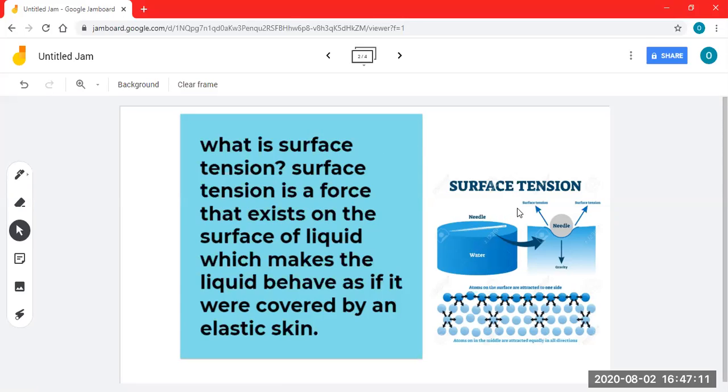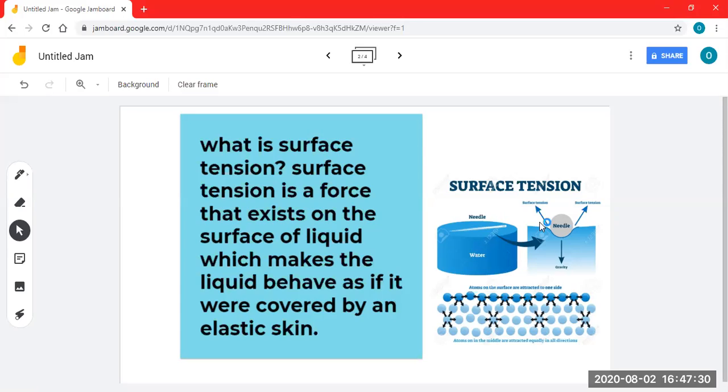Surface tension is a force per unit length. It's a force that exists on the surface of liquid. So the only place this force can exist is on a liquid.